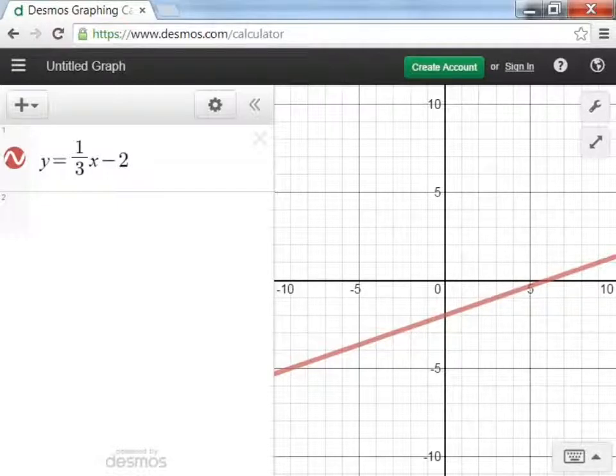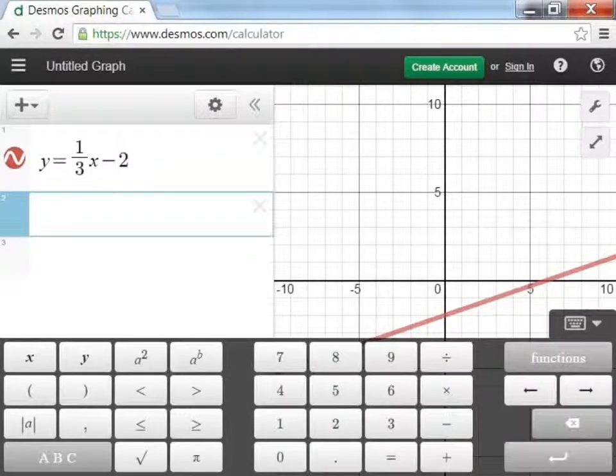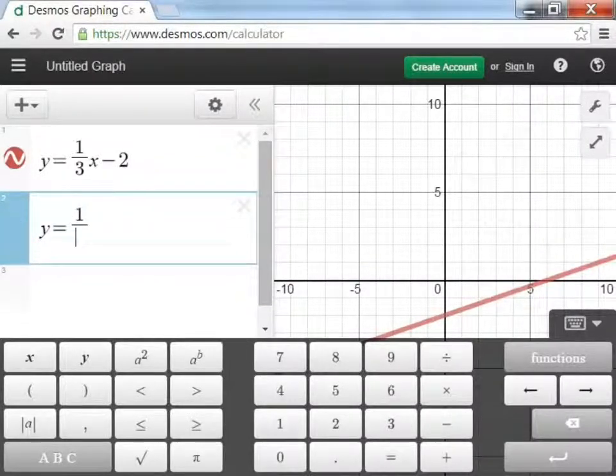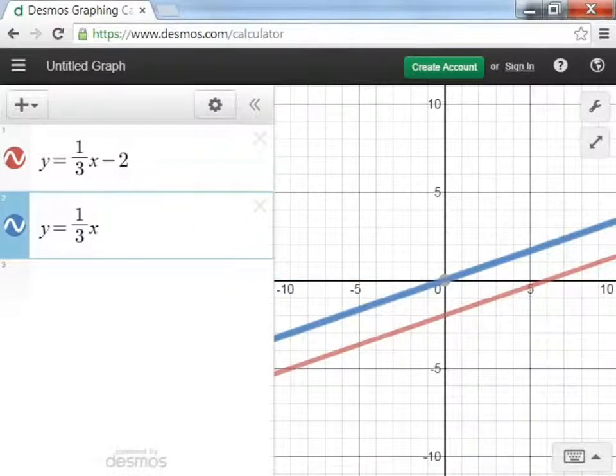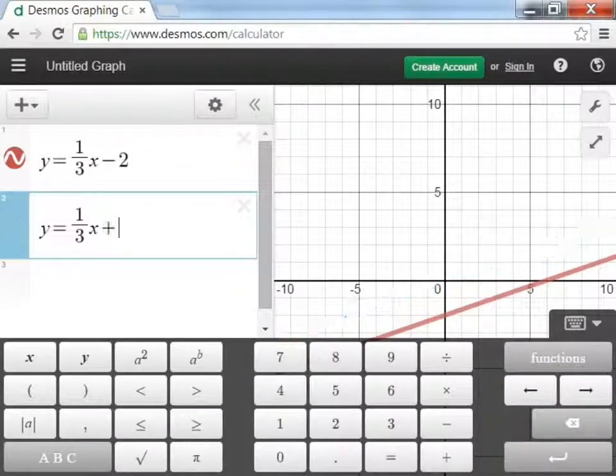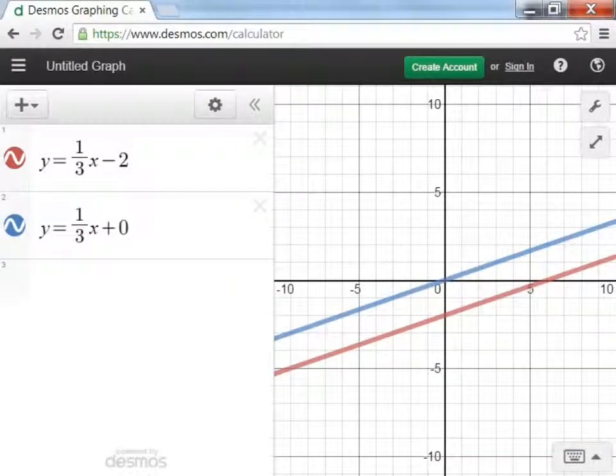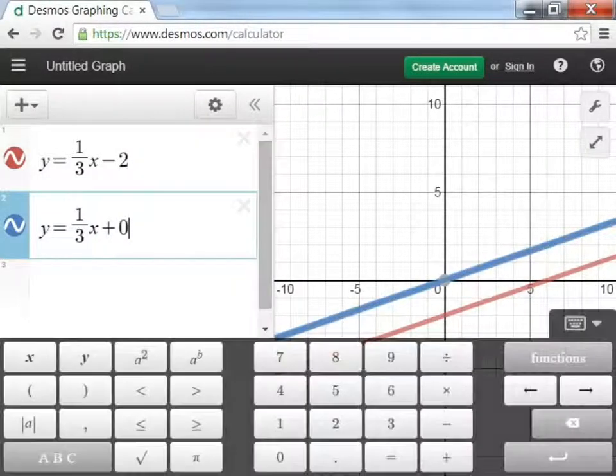Here's this line. If I want a parallel line, I just have to have that same slope. So if I put in y equals 1 over 3 x, I get a line that is parallel to it. You guys see that line? Notice that it doesn't say +0 because you don't need +0. That's the y-intercept here, but can it be something different?